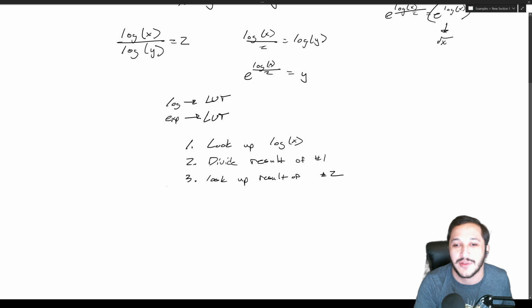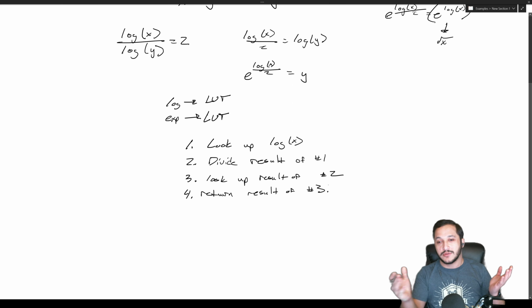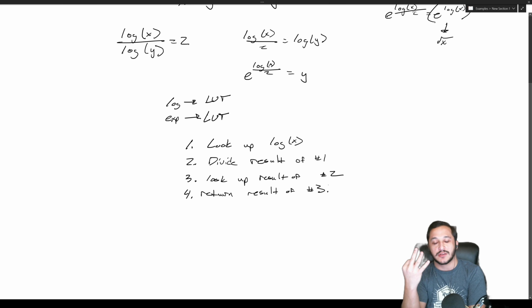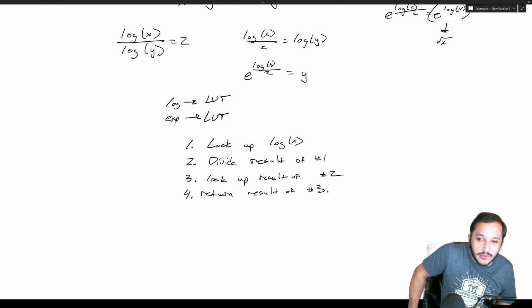And we're done. Well, I mean, if you want to add 4, you return the result of number 3. And that's pretty much it. You're done. So in 3 steps on the computer, you have calculated the square root of a number.